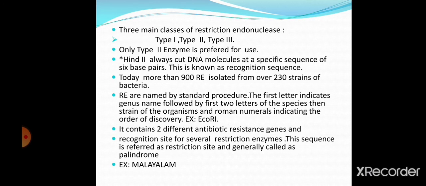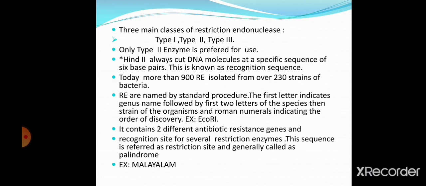Molecular scissors. There are three main classes of restriction endonucleases. They are type 1, type 2, type 3. They differ slightly by their mode of action, but the most preferably used type is type 2 enzyme, only type 2 enzyme, because they will recognize and cut DNA within a specific sequence consisting of 4 to 8 base pairs.